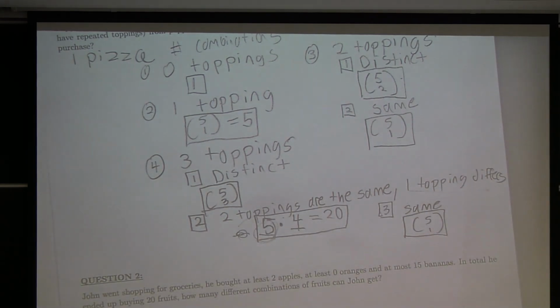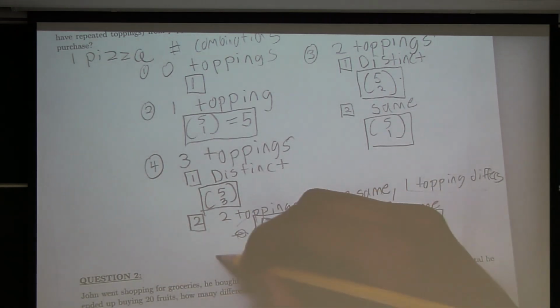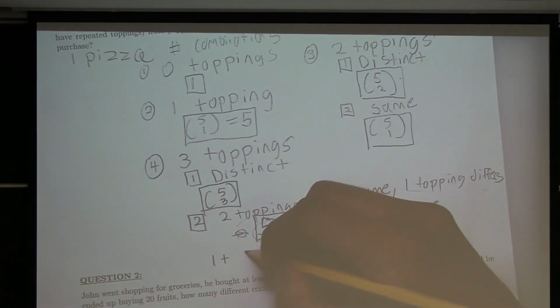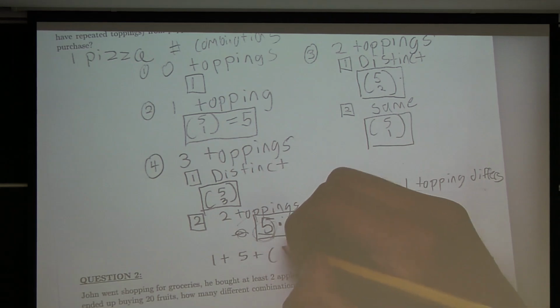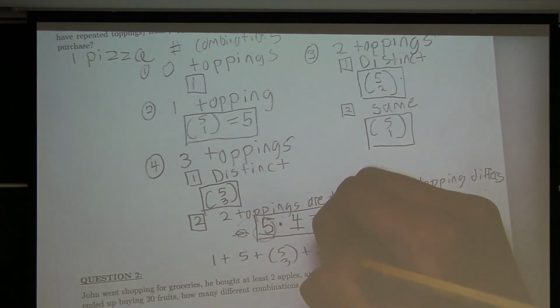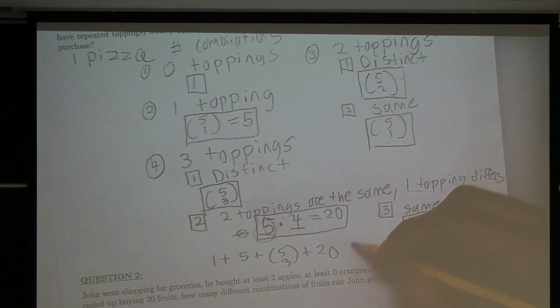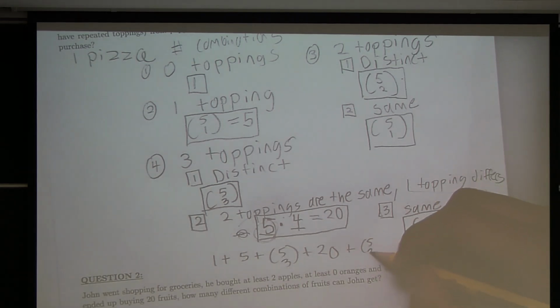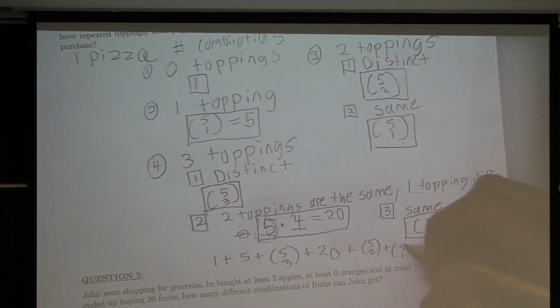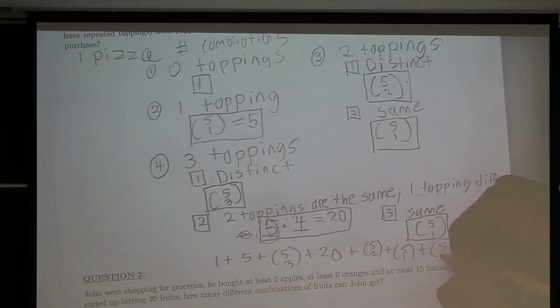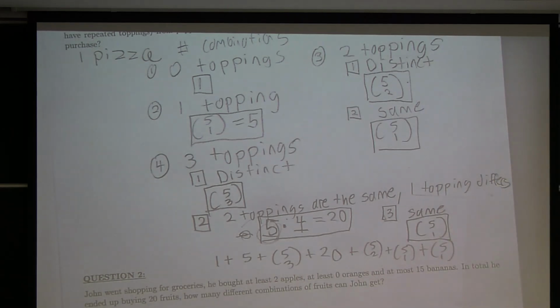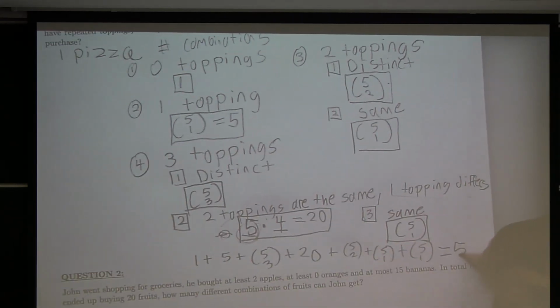So we add up all these numbers, and the total sum of this would be 56. So in total, there are 56 possible pizzas we can get.